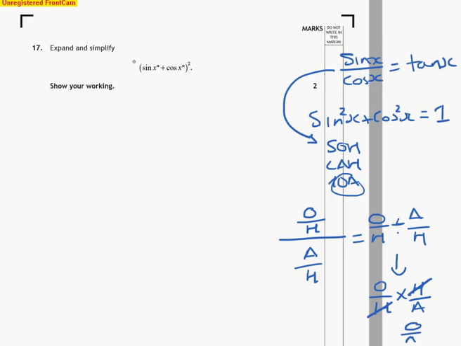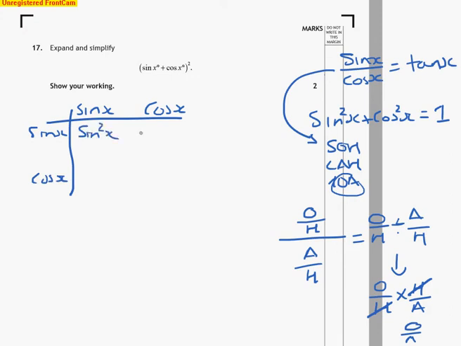Okay, so for this, I would always do my table. So I would say sine x and cos x, and then sine x and cos x. So sine and sine, sine squared x, cos and cos, cos squared x, sine x cos x, and sine x cos x.